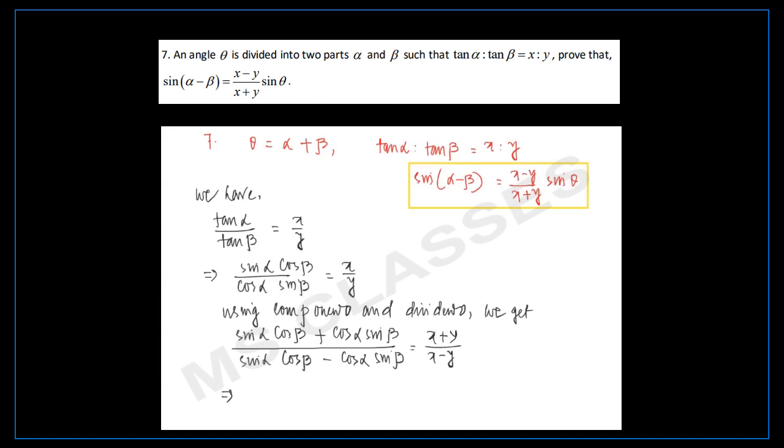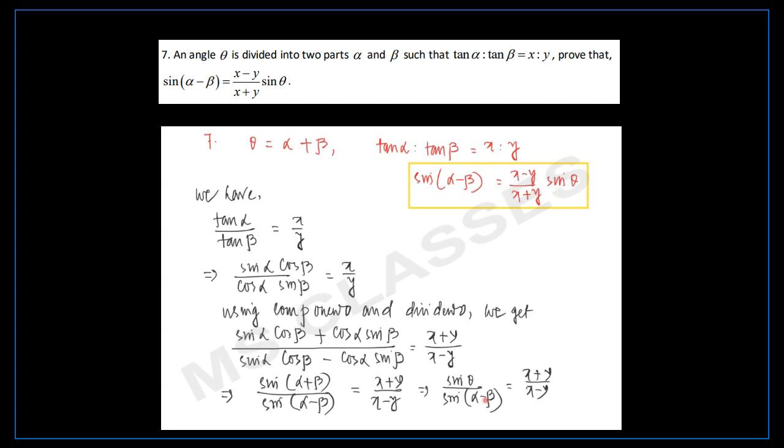And this gives us sine A plus B by sine A minus B, that is x plus y by x minus y. Now alpha plus beta is what? Theta. So we write here sine theta by sine alpha minus beta equal to x plus y by x minus y.